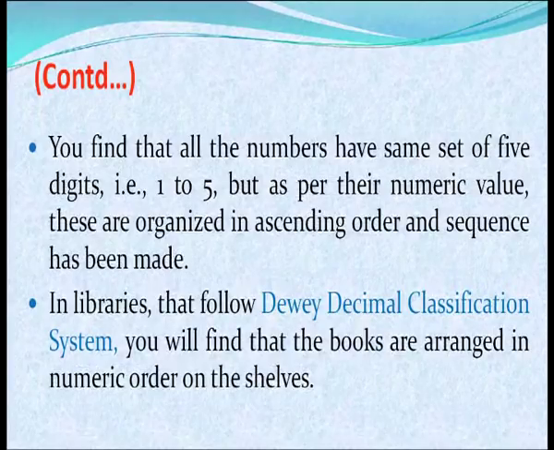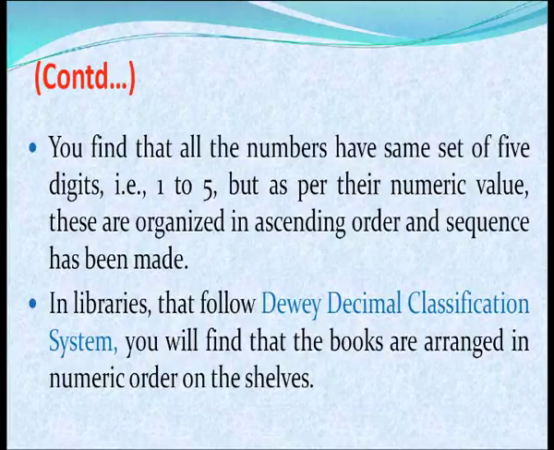You can find all the numbers that have the same set of digits, but as per the numeric value, these are organized in ascending order and the sequence has been made. In libraries that follow the Dewey Decimal Classification system, you will find that books are arranged in numeric order on the shelves. This is the order we follow in most of the libraries.